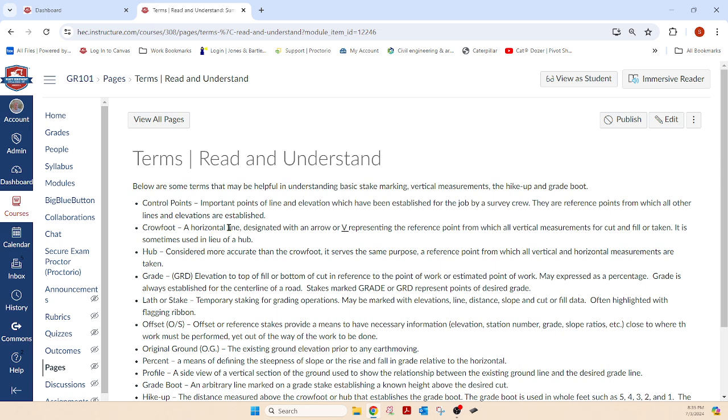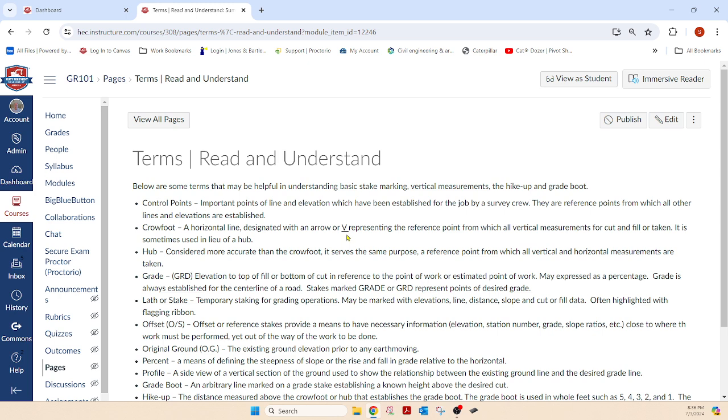But a crowfoot is a reference point. It's like you would put a hub. Some of you may know what hubs are. If you don't, you will by the time you leave this course. But a hub is a little 2-inch square stake that you would put in front of a lath, a grade stake, because that hub's not going to go anywhere.